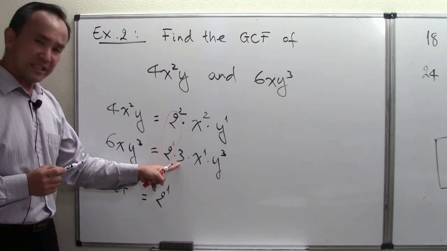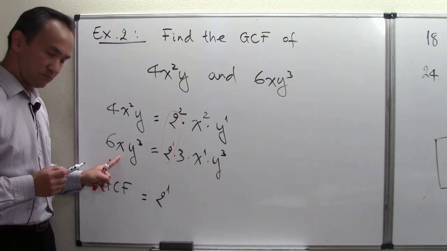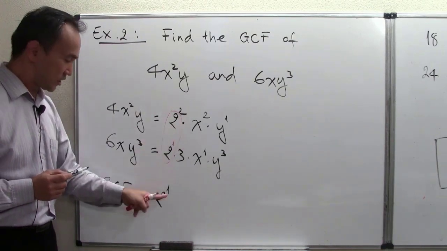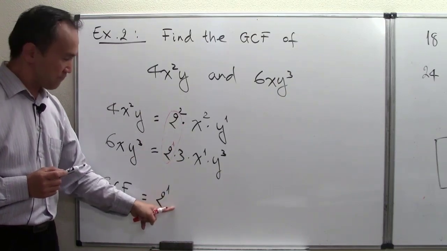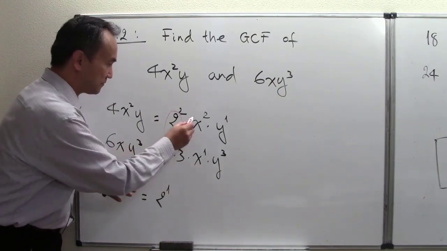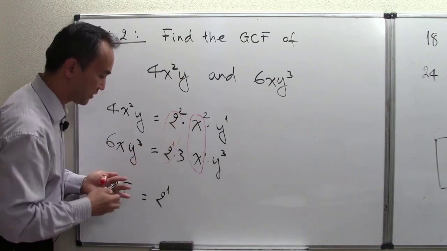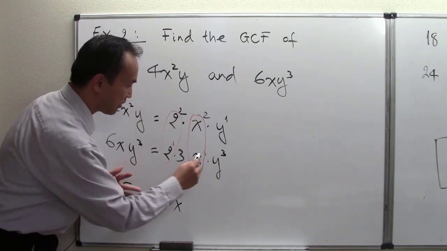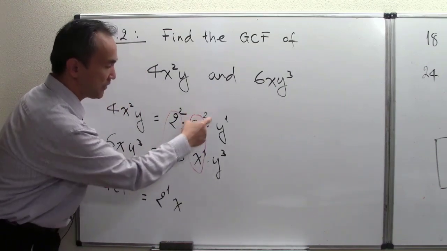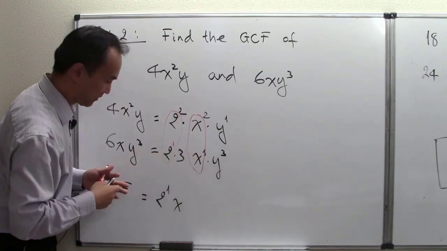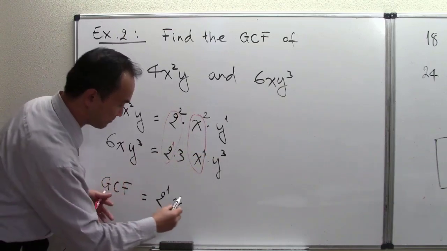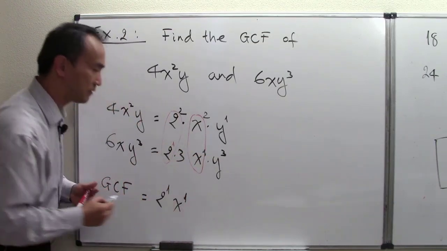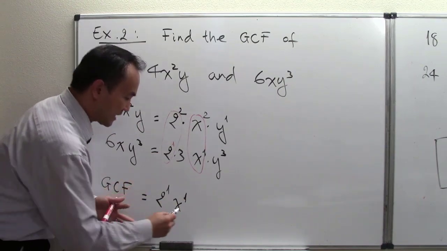3 is a prime factor in one algebraic expression, but it's not in the other one, so I won't include 3. The x is a common factor, so I put x in, and clearly x shows various powers or exponents, so we choose the least one, which is the first power.